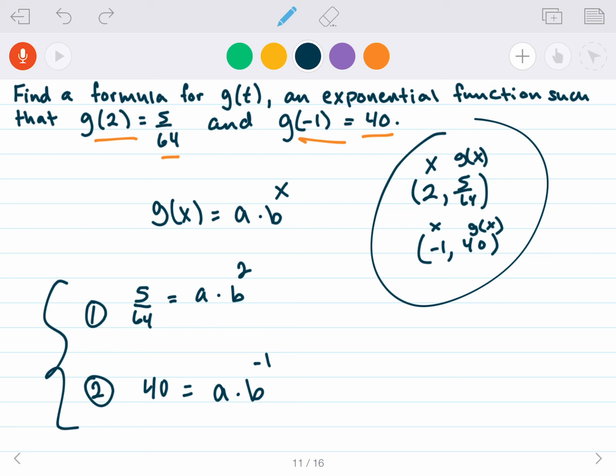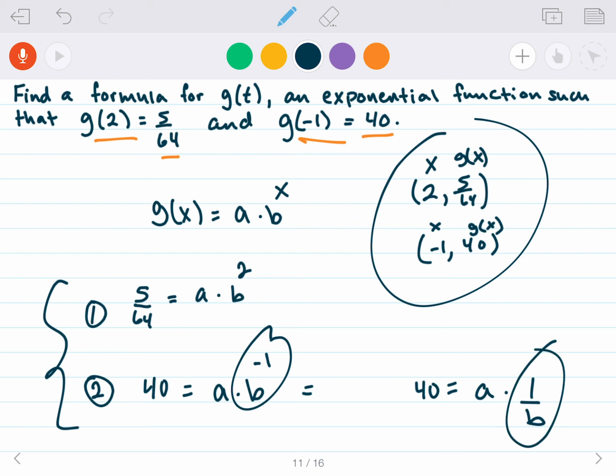In the second equation, I can rewrite this to be a little bit nicer. Instead of a times b to the negative 1, I can write a times 1 over b, right? It's the same thing. So this is just 40 equals a over b.